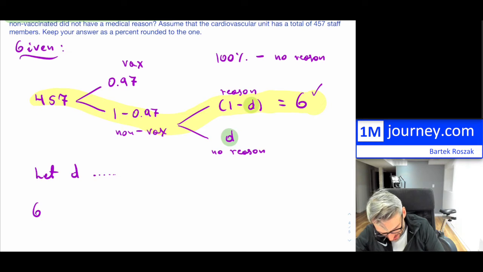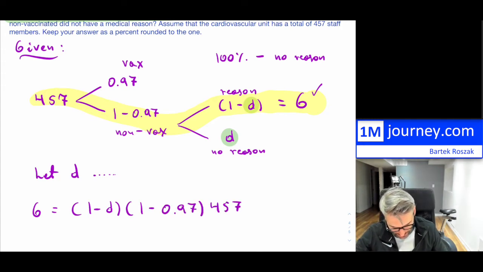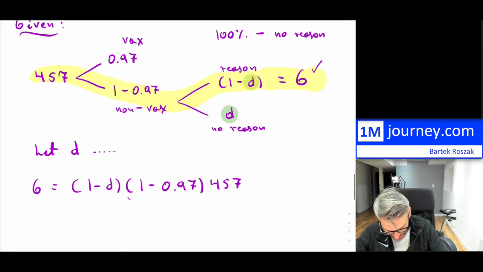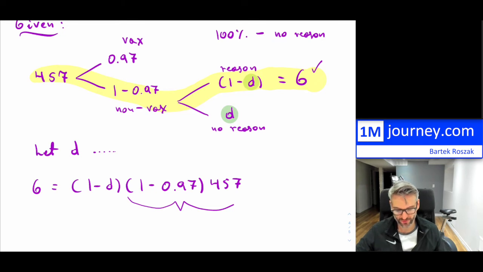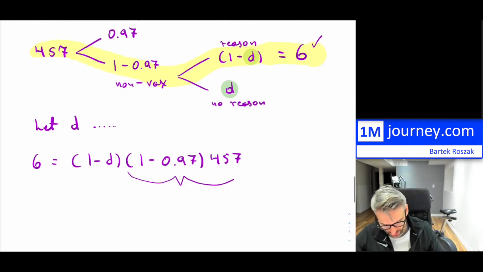I'm going to say 6 is equal to, going from the back to the front, so multiply these through. All right, so I have this. When I multiply this out, this is going to give me the total number of staff members that were non-vaccinated. And then from there, I can go ahead and solve for that D.